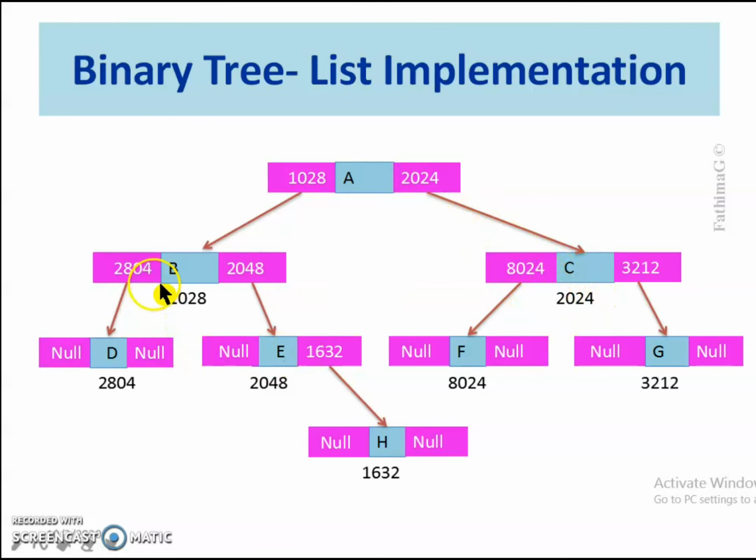Similarly, as G and E are left and right child of B, node B's left child pointer contains the address of node G, which is 2804, and the right child pointer field contains the address of node E, which is 2048. You can observe how other nodes are linked. This is how the tree is implemented through the list representation.